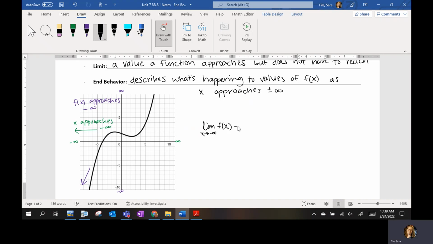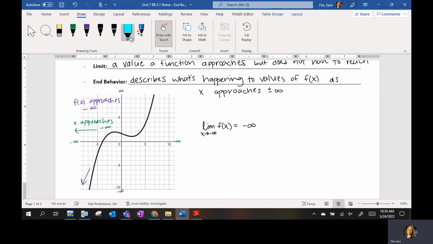F of x is, okay, so what is that limit? What did we say it's approaching? Negative infinity. So the answer, the limit is negative infinity. The end behavior written in limit notation is this: the limit as x approaches negative infinity of f of x is negative infinity.